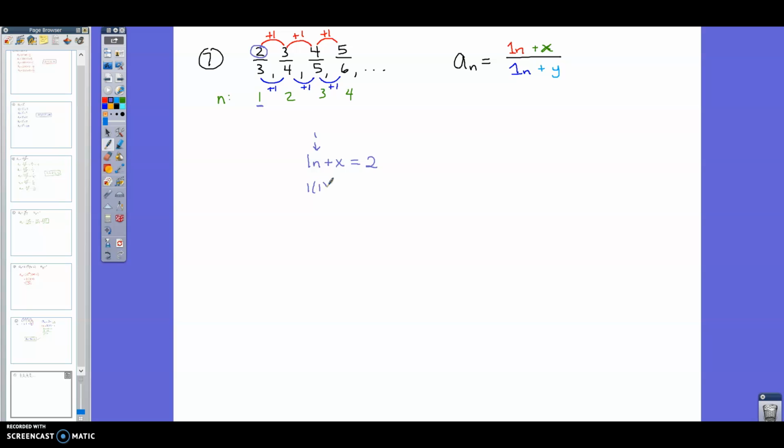So we have 1 times 1 plus x equals 2. That's 1 plus x equals 2. If we subtract 1, we get x equals 1. So for our rule, we have a of n equals 1n, or you can just say n, and then we'll put that plus 1.